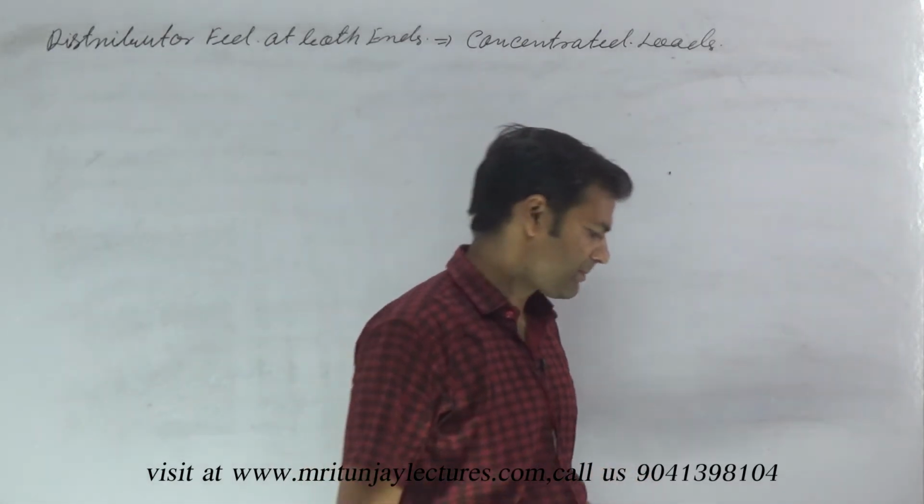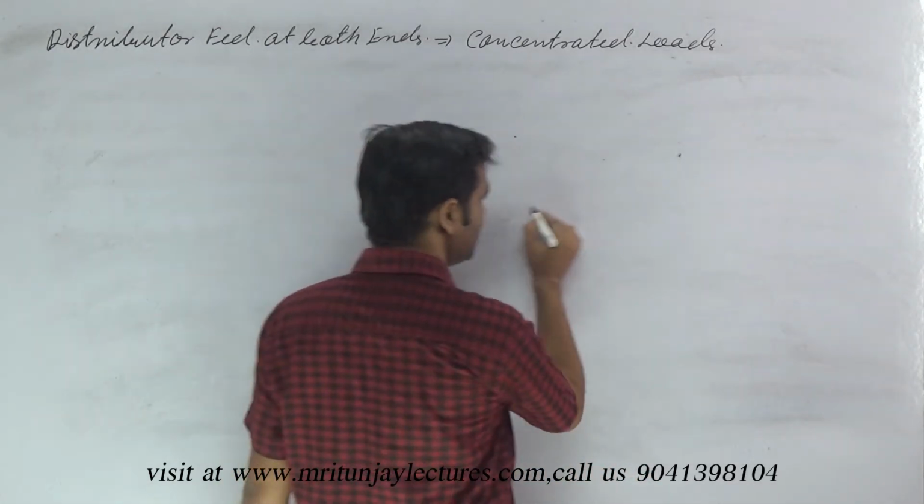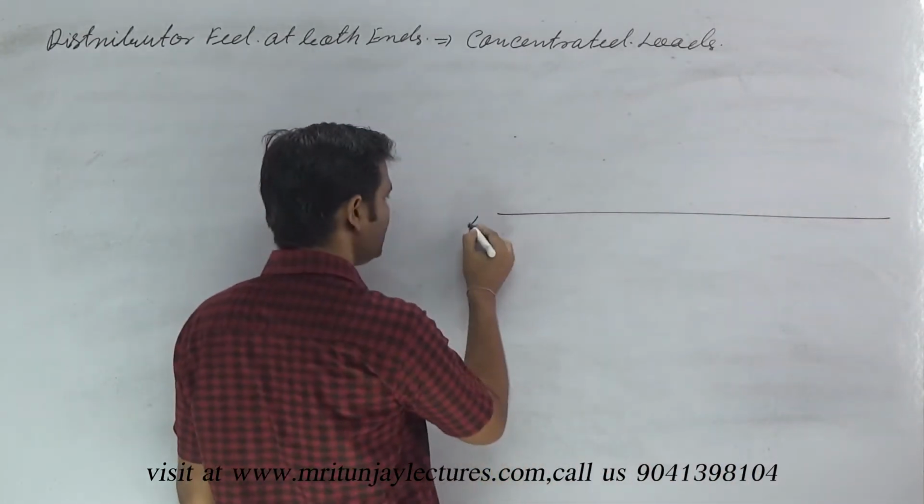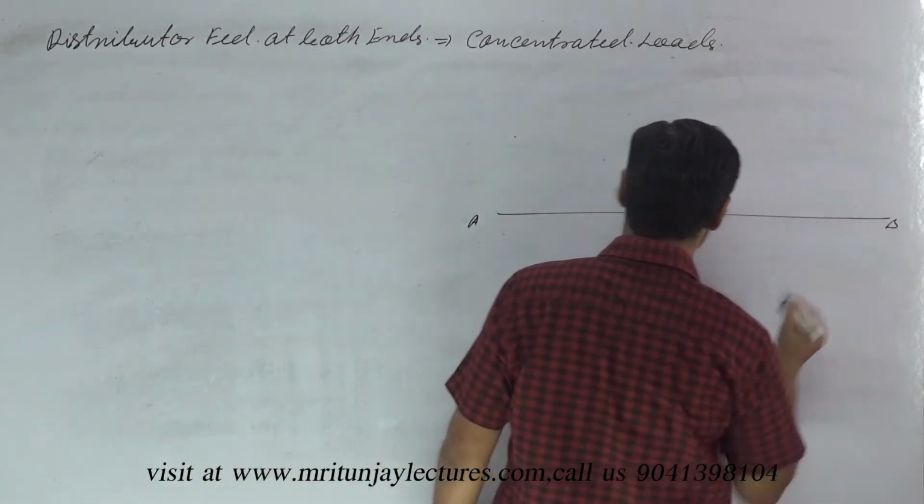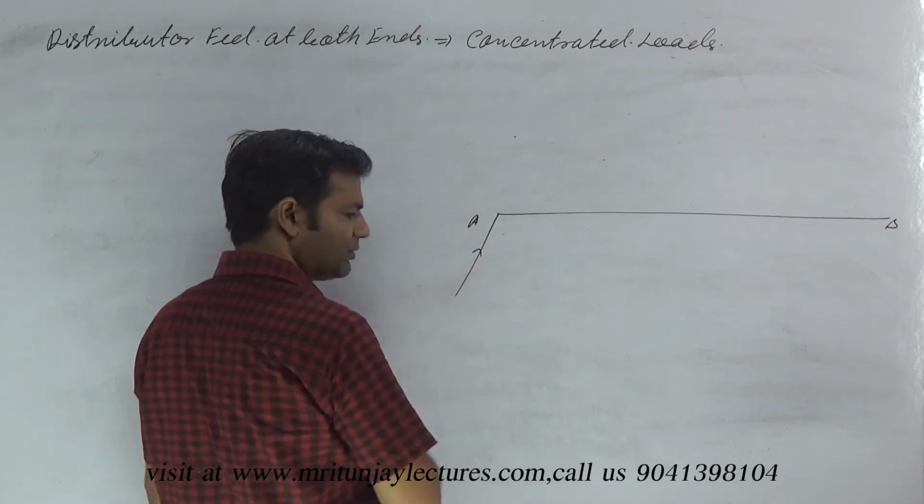What is the meaning of this one? Suppose that this section is A and this one is B. What about the current?